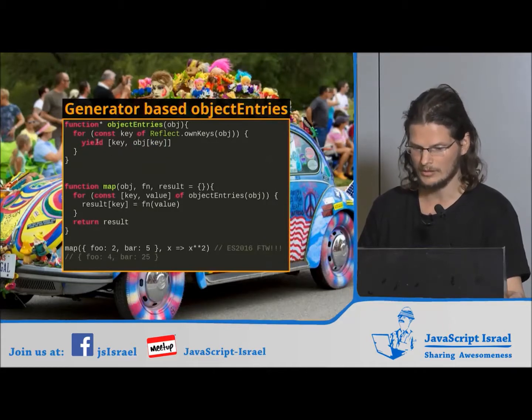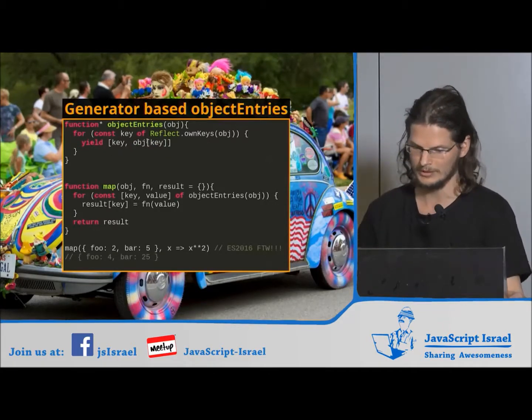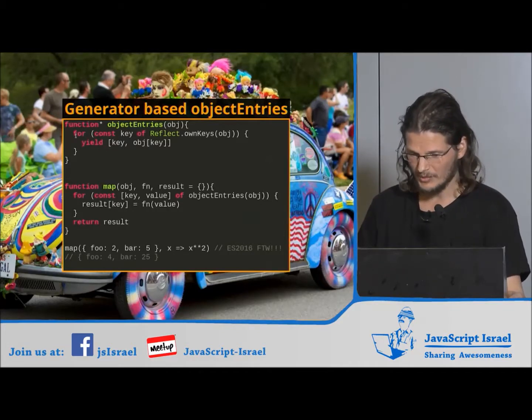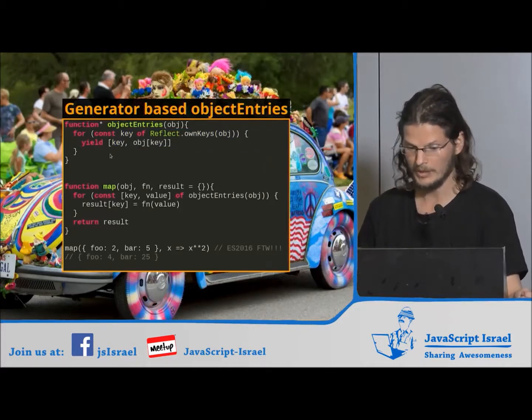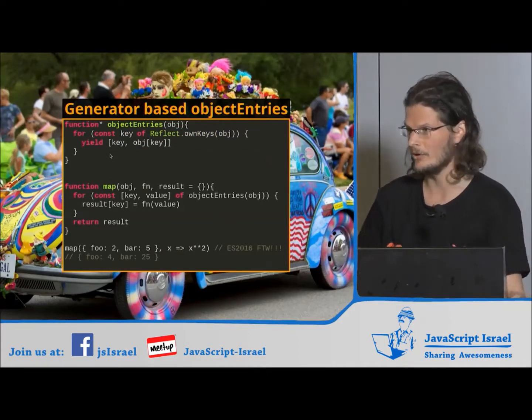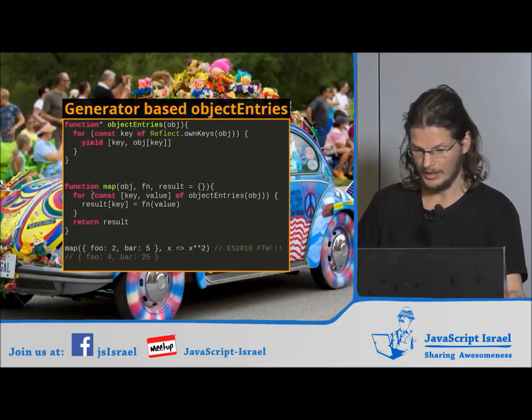Even without knowing generators and what yield is and all of that mess which I've talked about earlier, you can pretty much understand what's going on here. You can assume because there's not a lot of code here. So on the same slide, I've also managed to implement a map function which calls the objectEntries, and even have an example here.